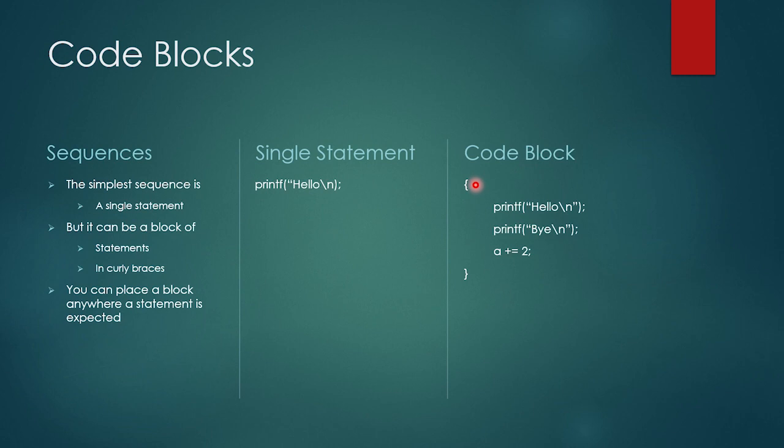And a code block is an open curly brace with a closing curly brace, and in there, one or more statements. And anytime you have the language looking for a statement, it can have a code block instead. So code blocks are really the equivalent of statements, except they contain multiple statements.